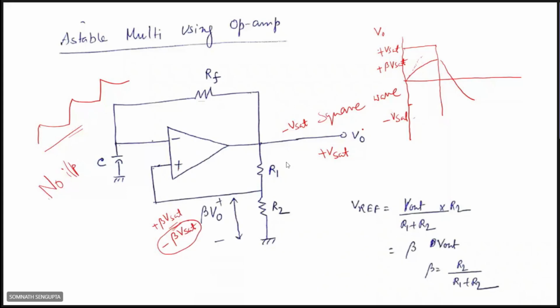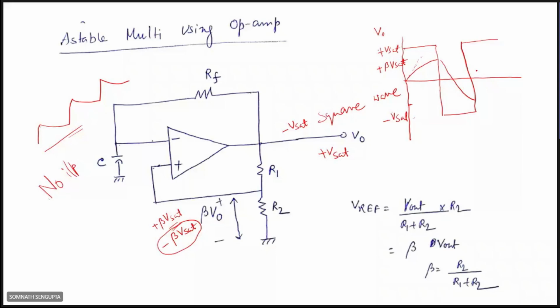So what will happen? Again, more voltage is at the plus terminal of the op-amp, so the op-amp state will change from minus Vsat to plus Vsat.